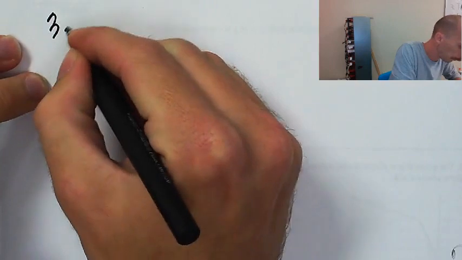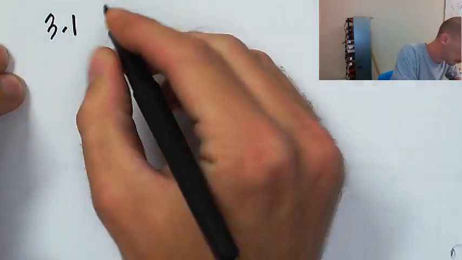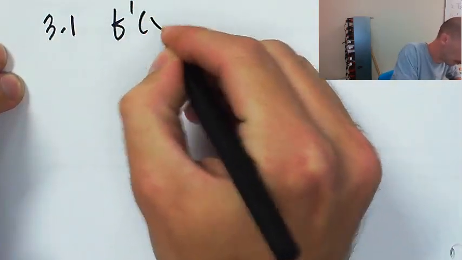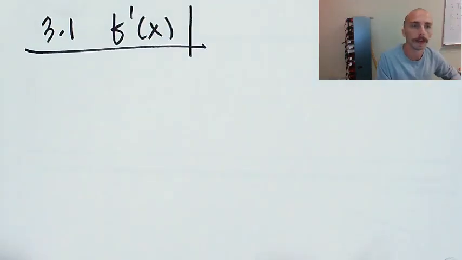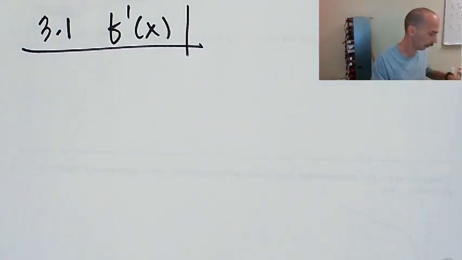We started with 3.1, and that was all about what a first derivative could tell us. So 3.1 is f prime of x, really. That was what we were studying. Okay, so with that, I think the first thing that we had was the definition of a critical point. And that's going to be important, so I'm just going to start there.